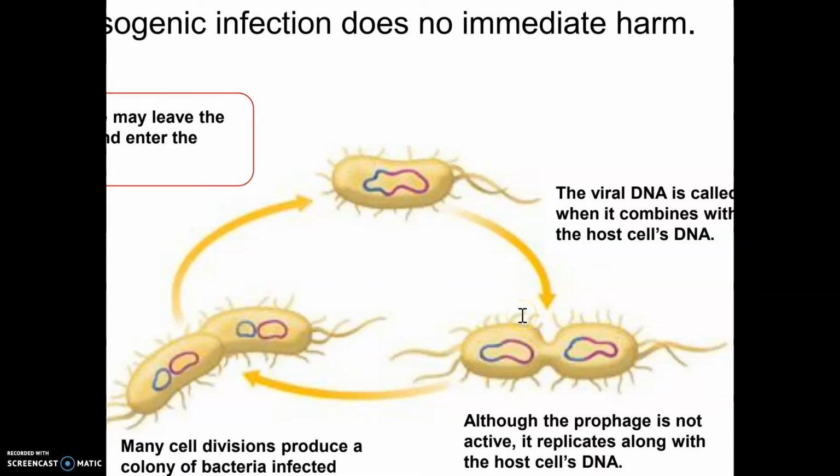After this initial point, the prophage is not active, and it continues to replicate, passing on both the host cell's DNA and the viral DNA into its offspring. Many cell divisions occur, and they produce a colony of bacteria that have been infected, but it does not lead to the host cell's death.